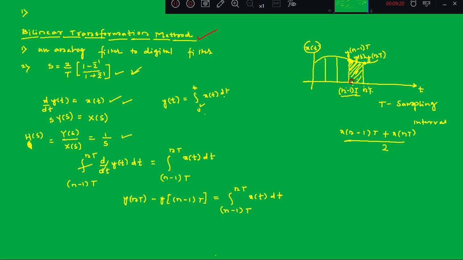So this is the mean height multiplied by height into width. So height into width is what? This one.